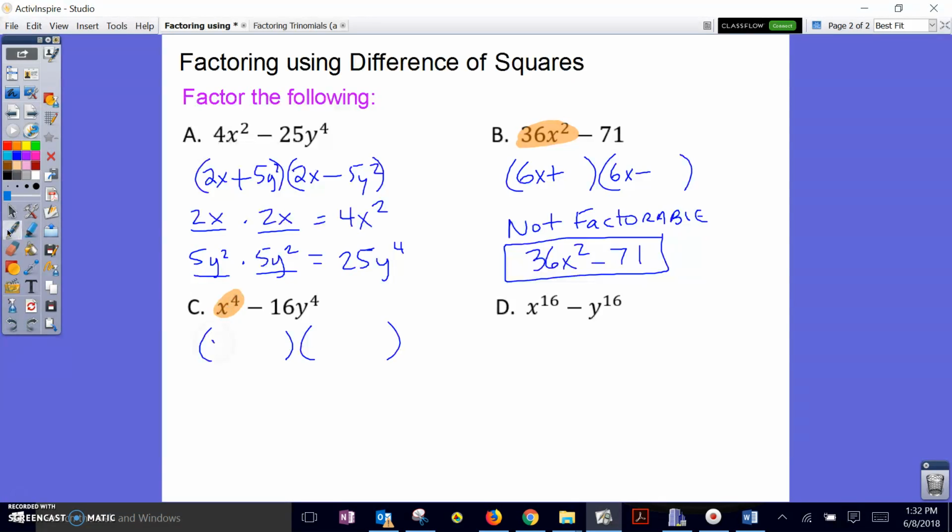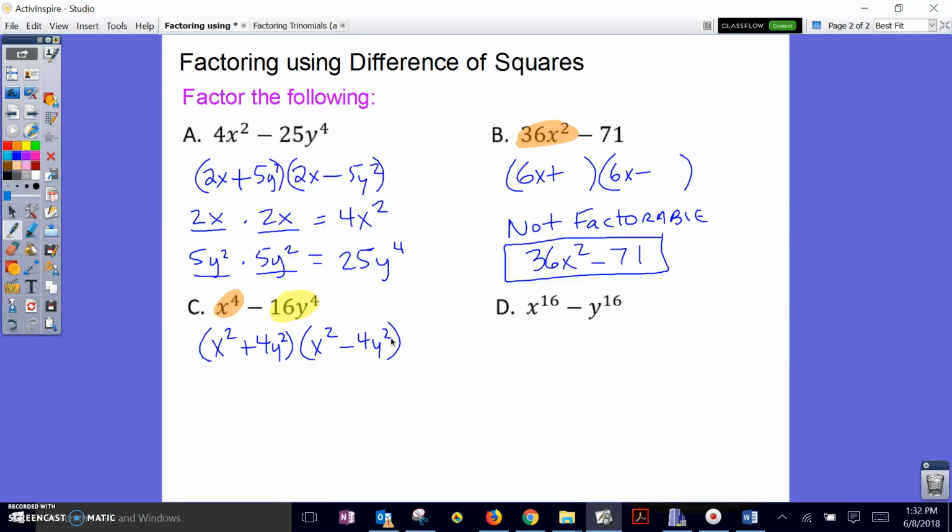The answer to that is x squared. And then we ask ourselves what times itself gives me 16y to the fourth. The answer to that is 4y squared. Okay, so far so good.